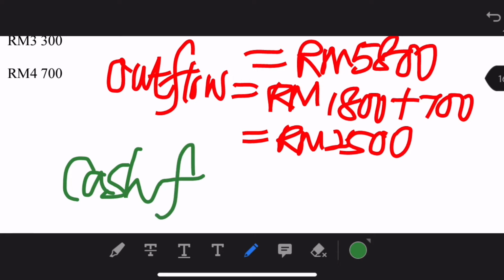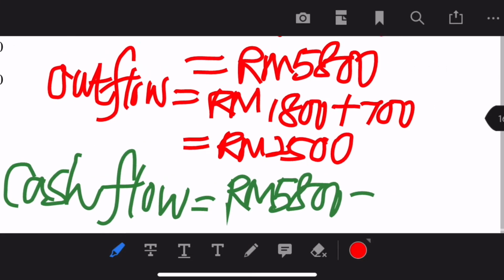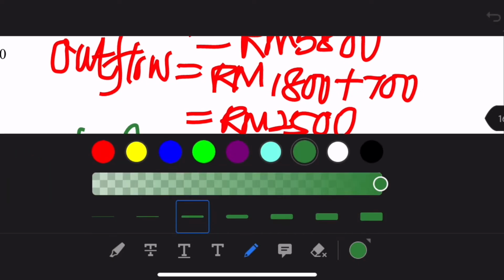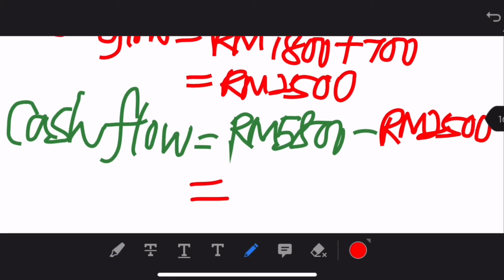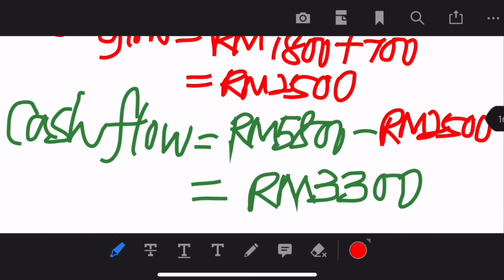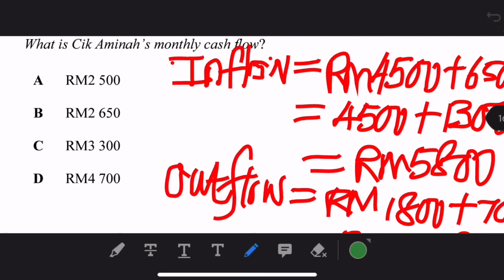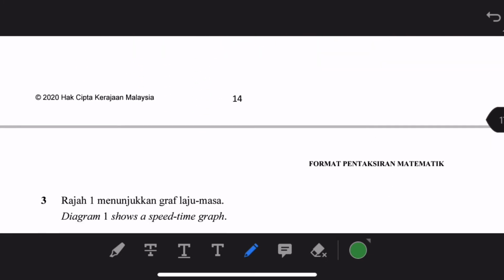Cash flow is equal to the inflow, which is RM 5,800 minus RM 2,500. So the cash flow is equivalent to RM 3,300. So this is the answer. Okay, this is about the cash flow.